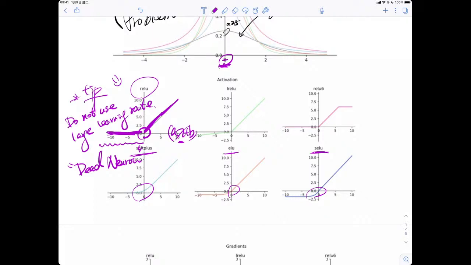So we don't use a large learning rate, because when you use a large learning rate, the model will try to optimize its loss function, right? And it will search a larger area, because with a larger learning rate, each step you move closer to the lowest loss function. It will search a larger area.